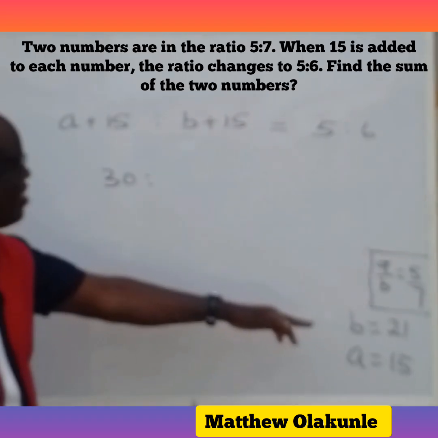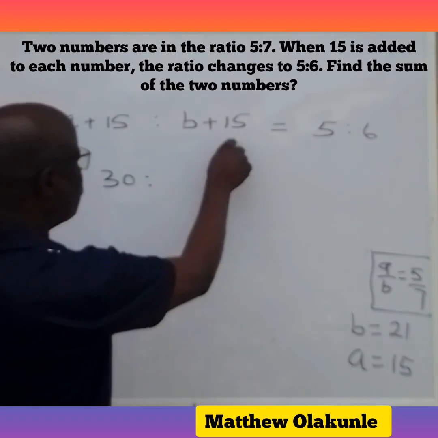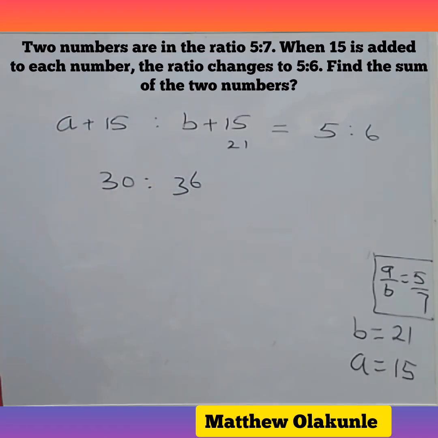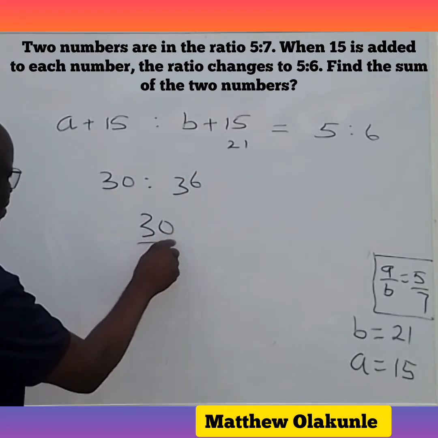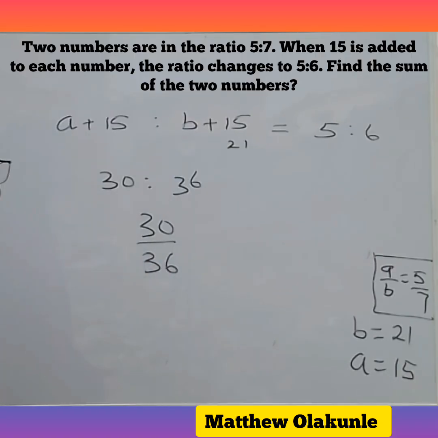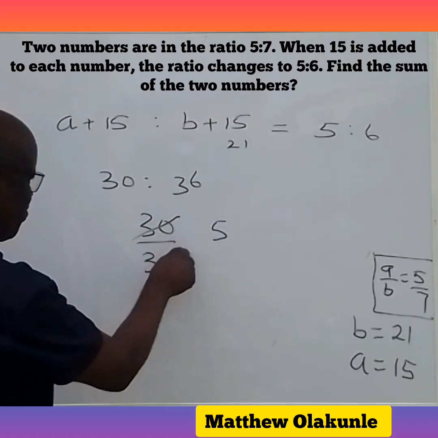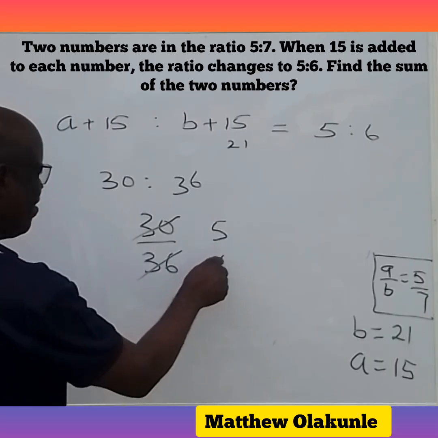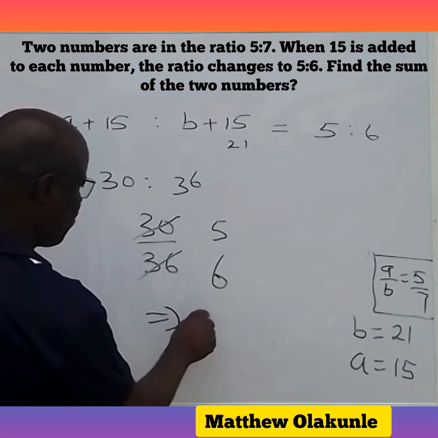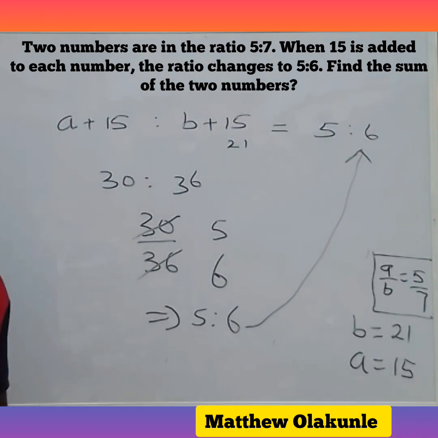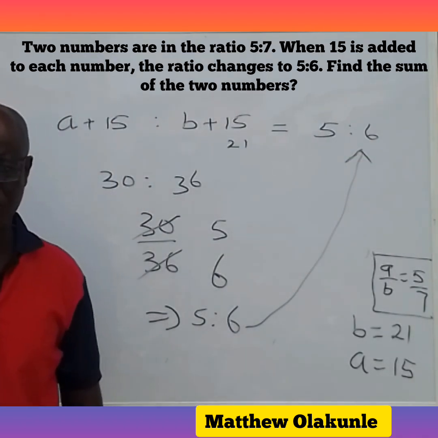B is 21. 21 plus 15 is 36. This is 30 all over 36. 6 goes here, 5. 6 goes here, 6, which is the same thing as 5 ratio 6. So which means the answer to this question is correct.